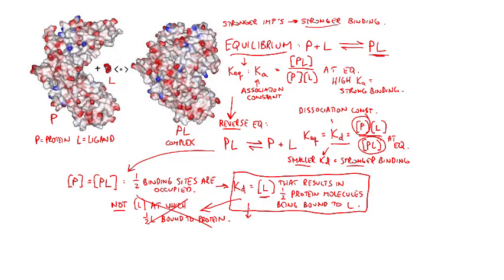The reason is that this model assumes the concentration of ligand is very much greater than the concentration of protein. If it is not, then Kd tells you very little. So we're always going to assume that we have much more L than P.